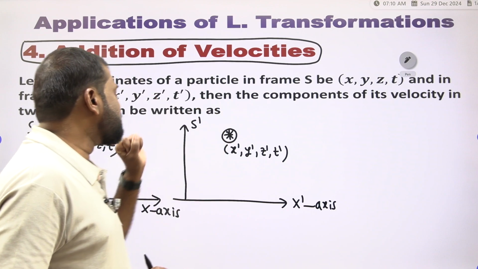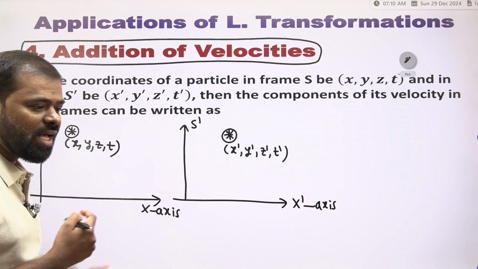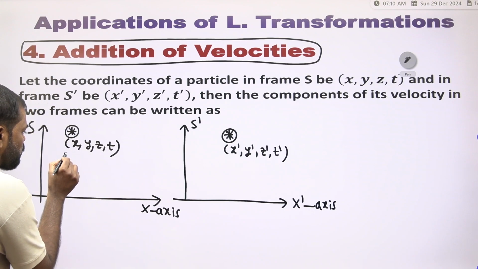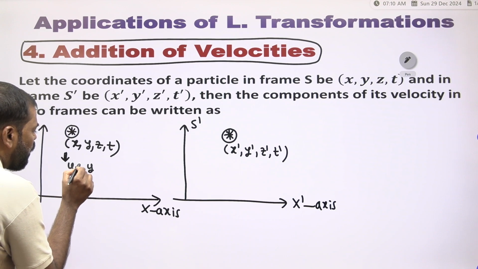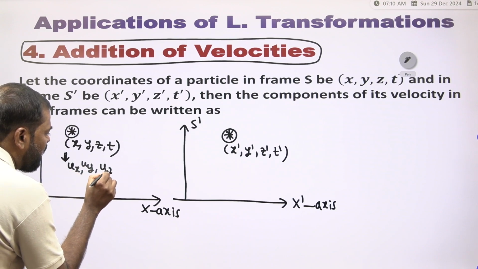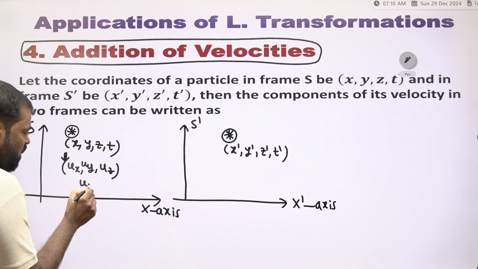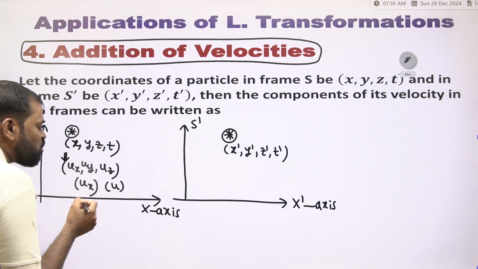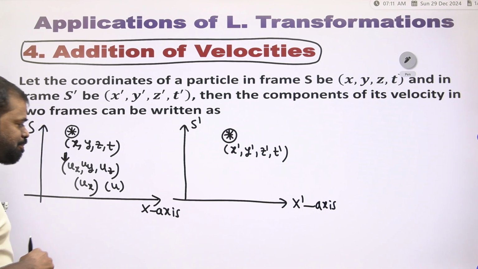Then the components of its velocity in the two frames can be written as follows. Suppose we take the components of velocity ux, uy, uz in the S frame, along the x axis ux, or generally u in the S frame.